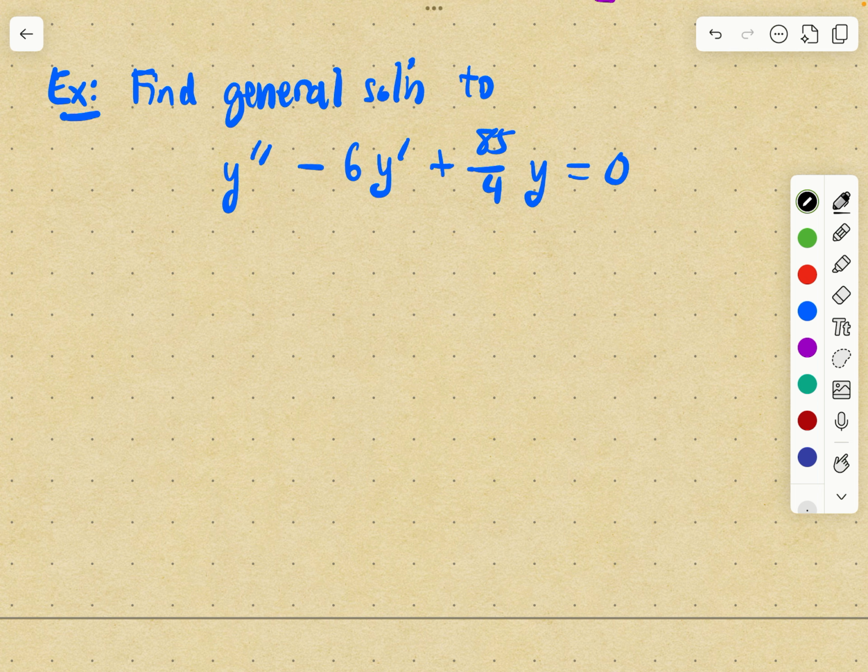That's part A. And let's use t as the independent variable. I think you should try doing this on your own and see what you get, and then we'll go over the answer.